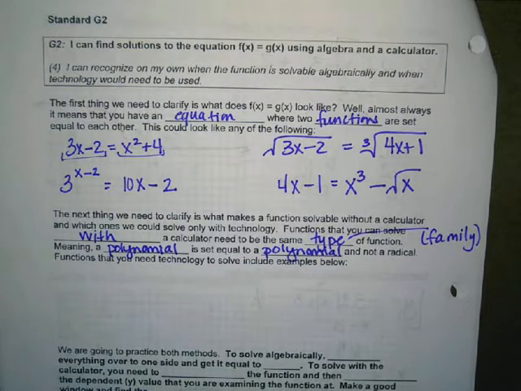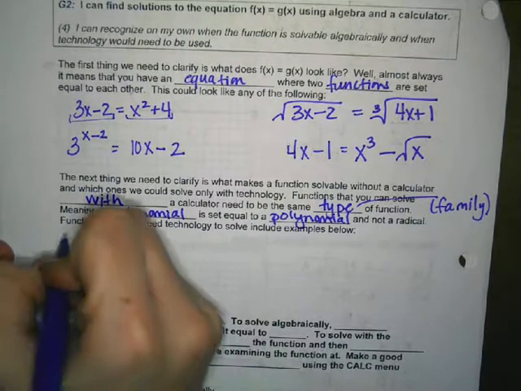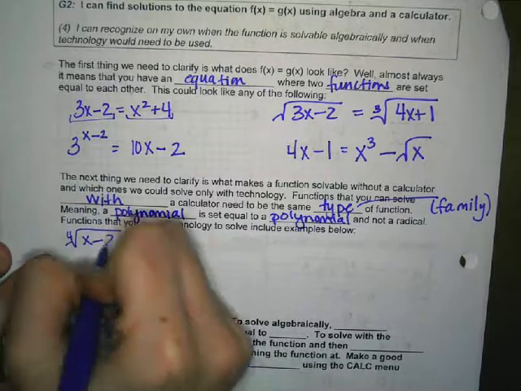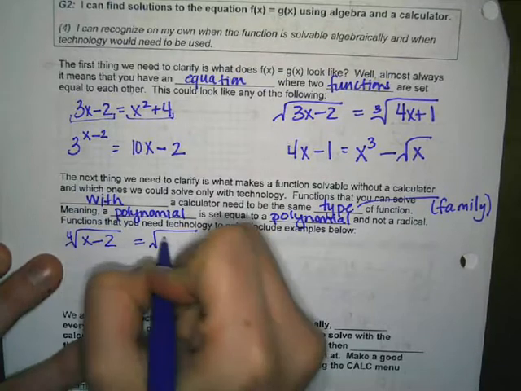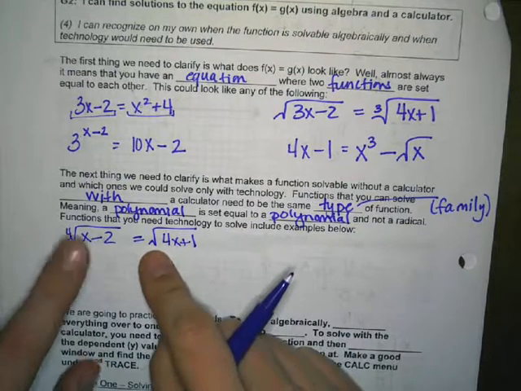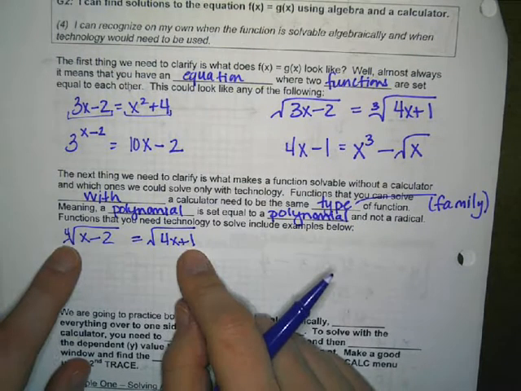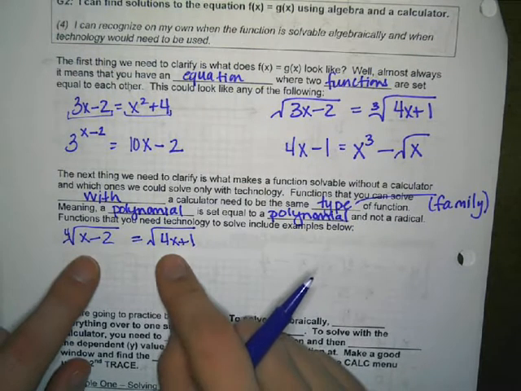Functions that you need technology to solve include examples below. Ones like maybe the fourth root of x minus 2 equals the square root of 4x plus 1. They're both radicals, but because this is a fourth root and this is a square root, squaring both sides doesn't solve it, and so we have to solve it using technology.